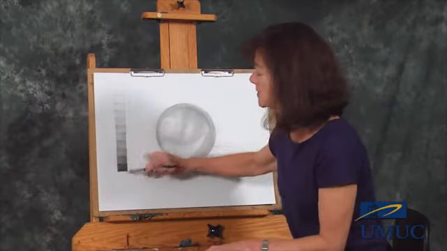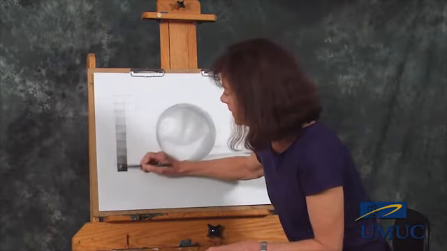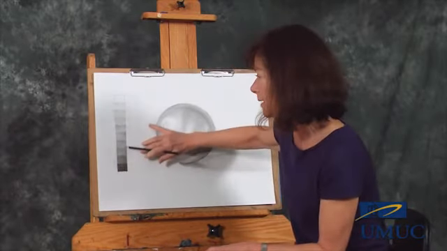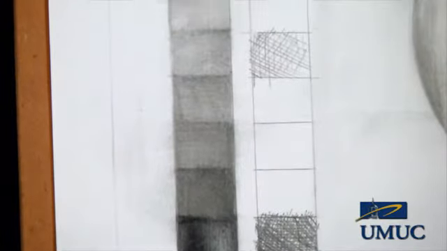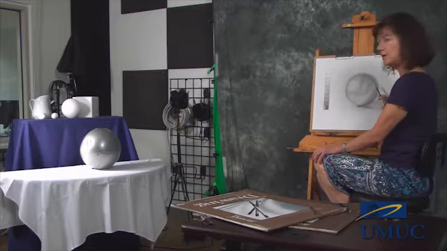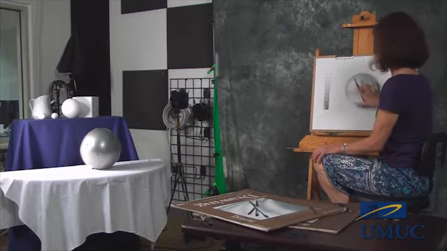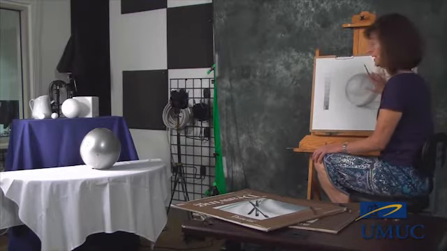And here I've started with my darkest dark, and I want to gradate that scale all the way up to white. If I look at the sphere I've drawn, it's a gray sphere, so it does not start out white.